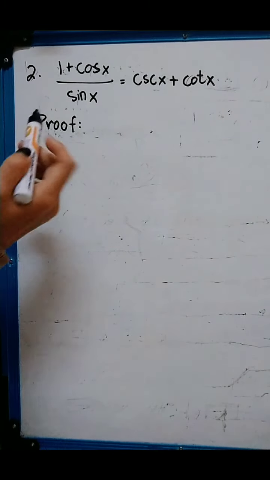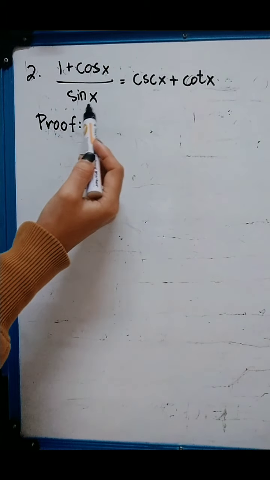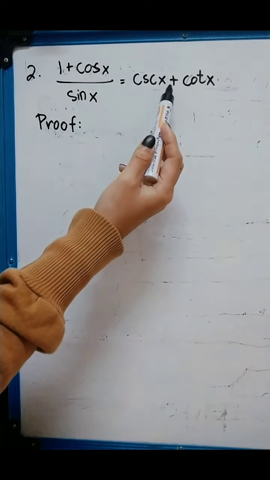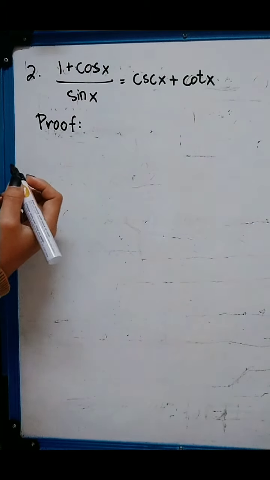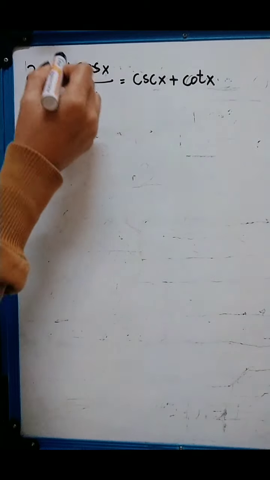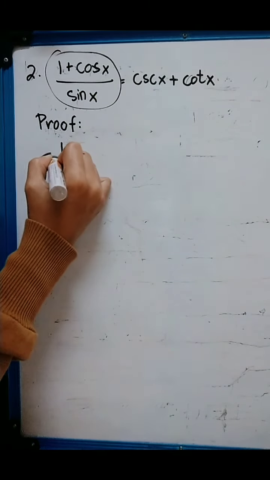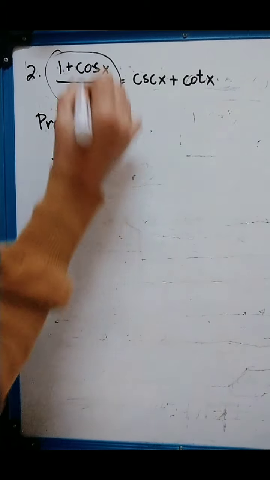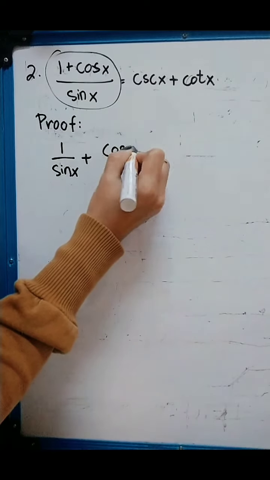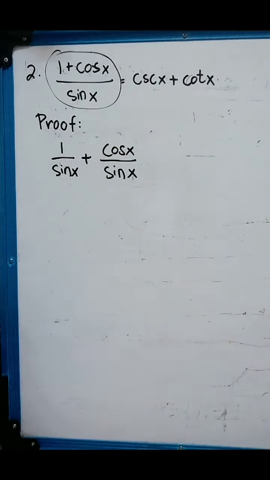So number 2, we show that (1 plus cosine x) over sine x is equal to cosecant x plus cotangent x. So proof, the first thing we do is break this down. So it becomes 1 over sine x, plus cos x over sine x.